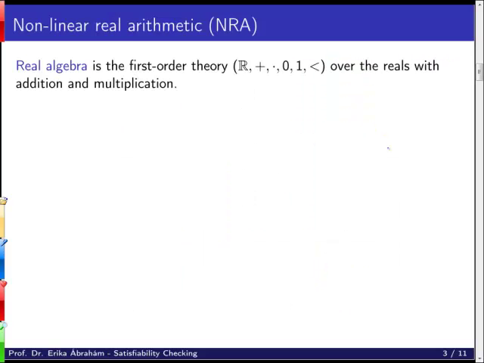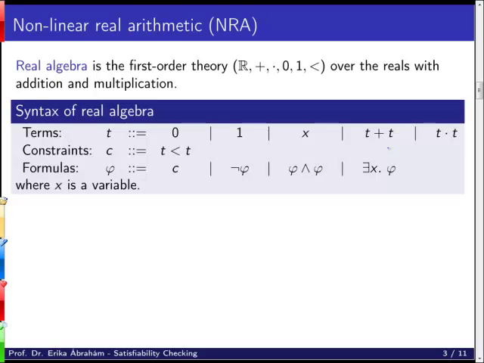So what is new? What we already know, a part of real algebra was linear real algebra. So we had the reals, we had addition, constants, and comparison operators. And now we add the multiplication, which makes it nonlinear real algebra. This is the first order theory over the reals with addition and multiplication.